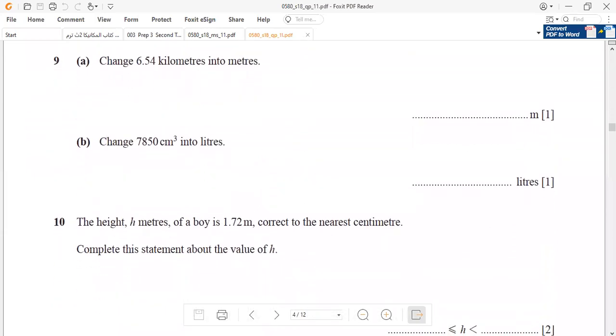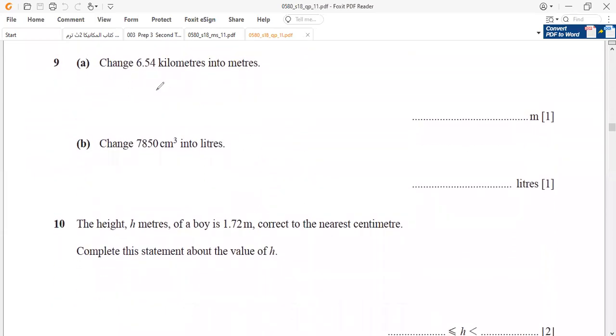In number 9, part A, change 6.54 kilometers into meters. We know that 1 kilometer equals 1,000 meters, so we can multiply 6.54 by 1,000.